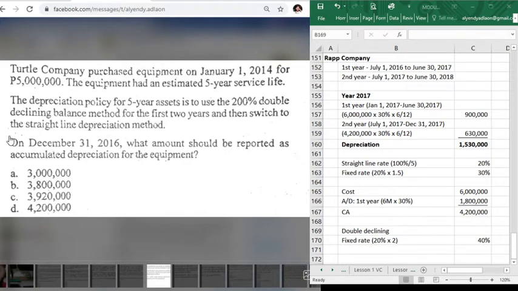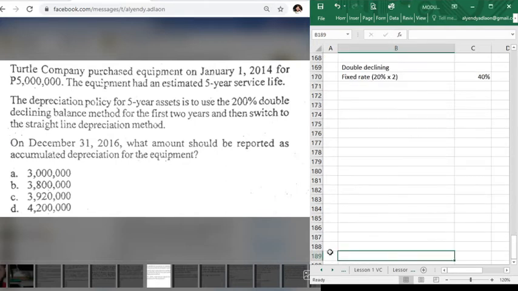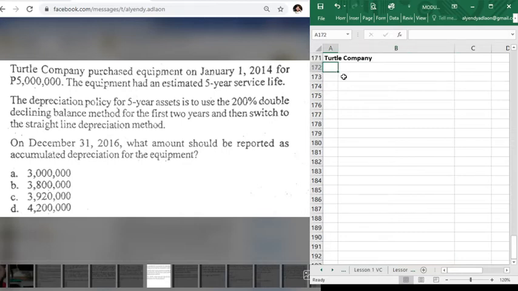So we have Turtle Company. Okay. On December 31, 2016, what amount should be reported as accumulated depreciation for the equipment? Turtle Company purchased equipment on January 1, 2014 for $5 million.